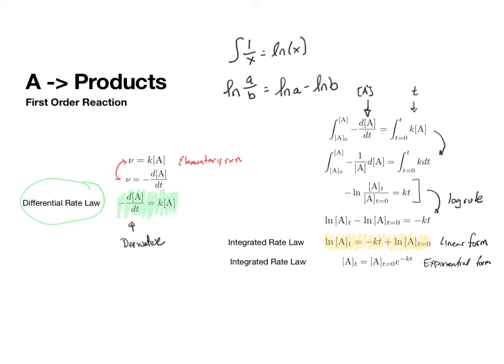We call it the linear form because I have the natural log of the concentration at time t equals minus kt plus the natural log of the concentration at t equals 0. This is in the form of y equals mx plus b.